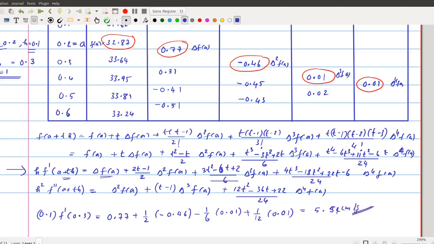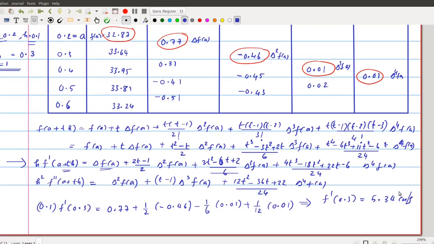So this is the value, and we symbolize velocity as, by simplifying this, f dash of 0.3 is equal to 5.34 cm per second. Okay, so this is the way we evaluate the velocity.